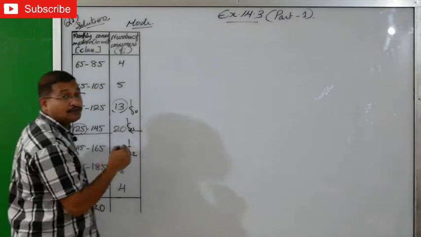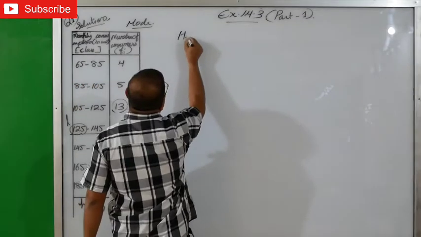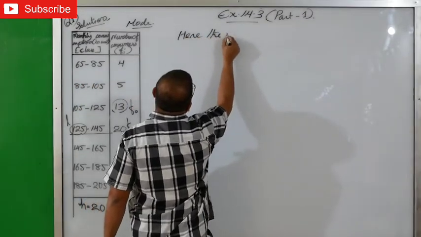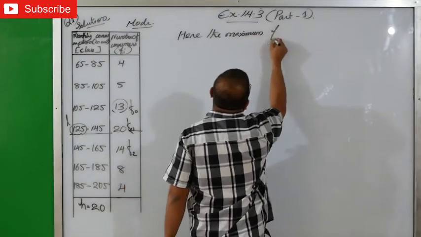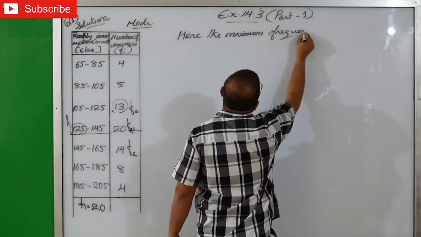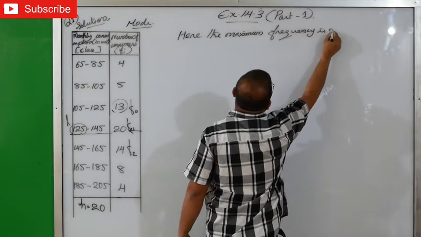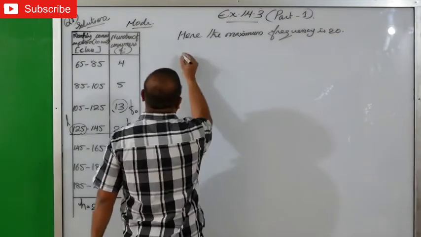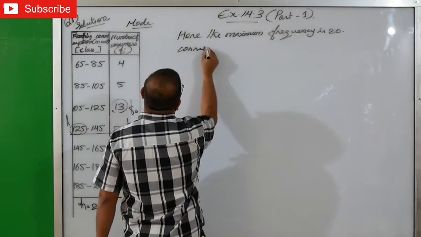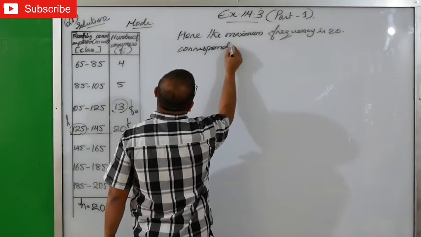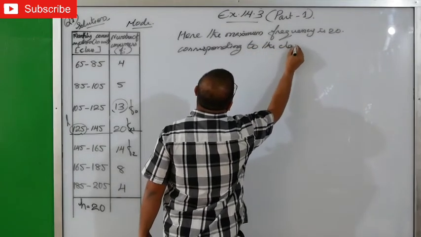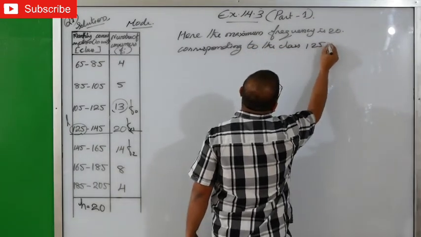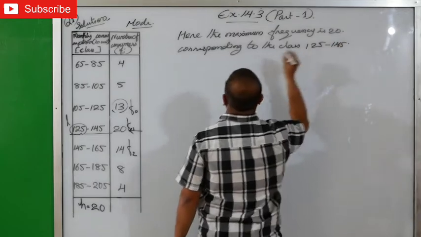Ready? So first what will you write? Here, the maximum frequency is 20, corresponding to the class 125 to 145.